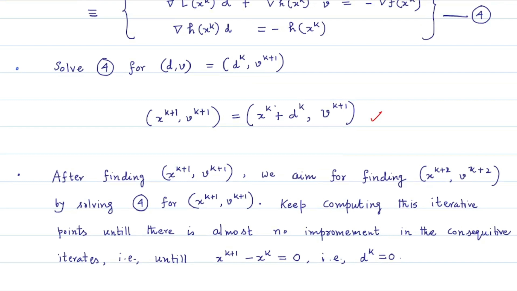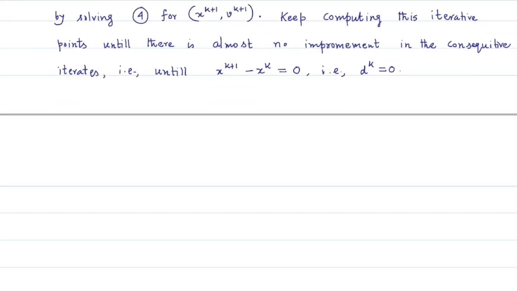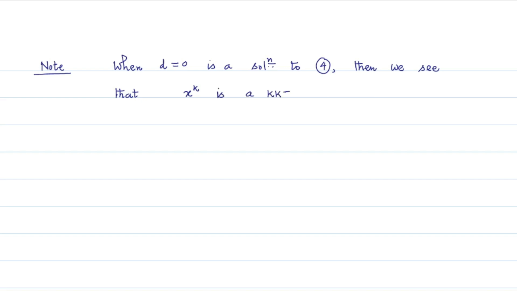Now once d equal to the null vector is a solution to 4, I make a special note here that when d is equal to the null vector is a solution to 4, then we see that the point xk at which you have executed the system 4 is a KKT point of the problem capital P. That is, precisely we are saying that 4 is identical to 1 for d equal to the null vector.